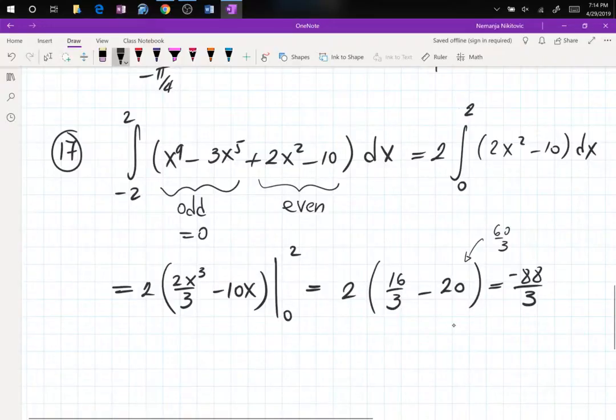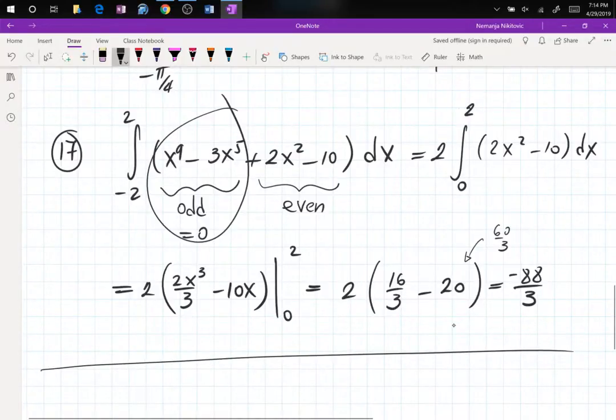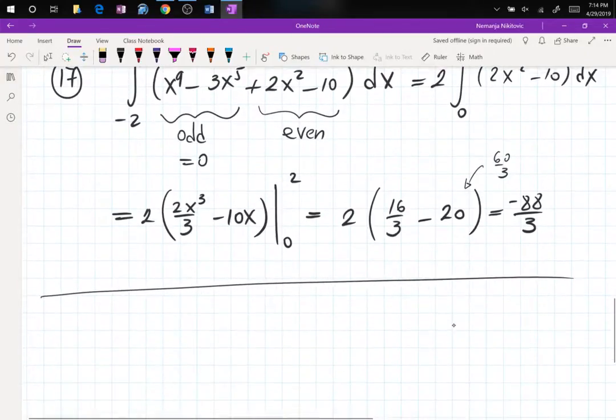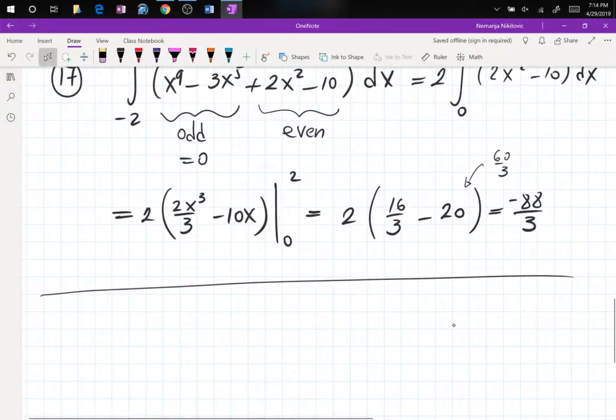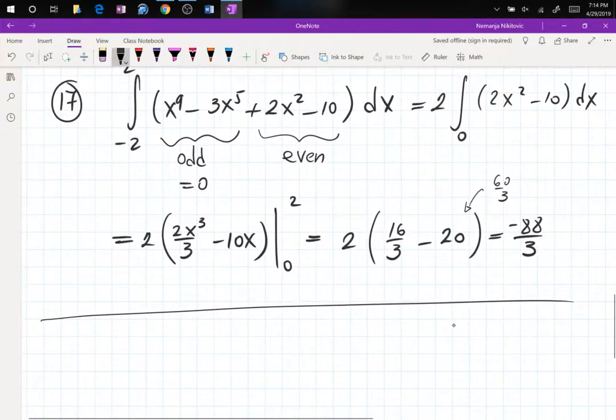So the value of the integral is negative 88 over 3, and we haven't even calculated half of it because those ones were odd. And we know from before that we can split this into 2 integrals. As soon as you split into 2 integrals, the first integral is equal to 0 because it only contains odd powers, and the other integral is even, so just calculate that.